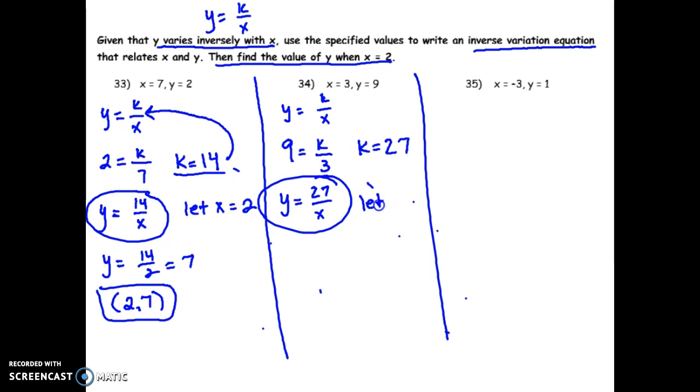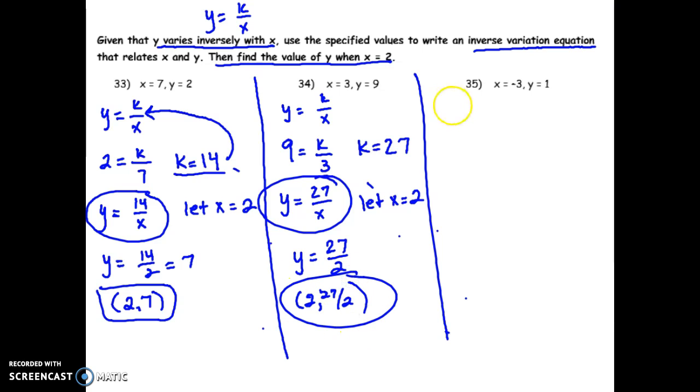Now we let x be equal to 2. We plug in 2 for x. Our y is going to be equal to 27 halves. So that's one answer, or you could have said an input of 2 gives you an output of 27 halves, or 13 and a half. All right. The third one, if we just multiply the two together to get our k value, our k is going to be equal to negative 3.